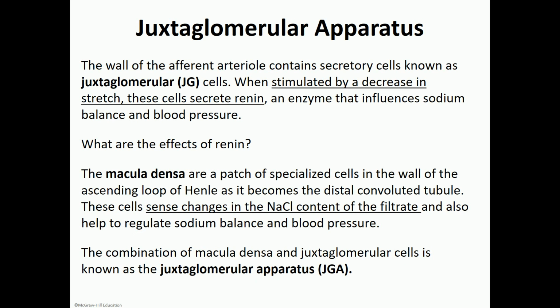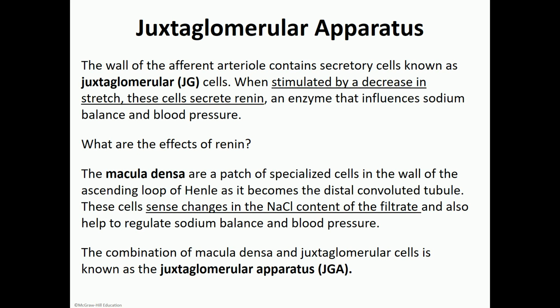Now, the juxtaglomerular nephrons have an apparatus known as the juxtaglomerular apparatus, made out of different kinds of cells. There are two different kinds of cells there: the juxtaglomerular cells and the macula densa cells. The juxtaglomerular cells are stimulated when there is a decrease in stretch.